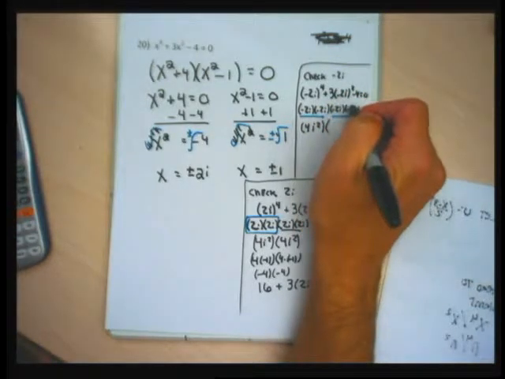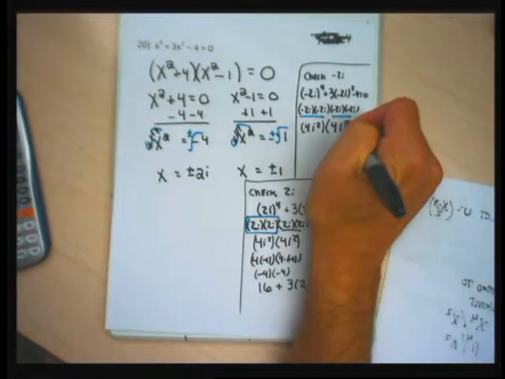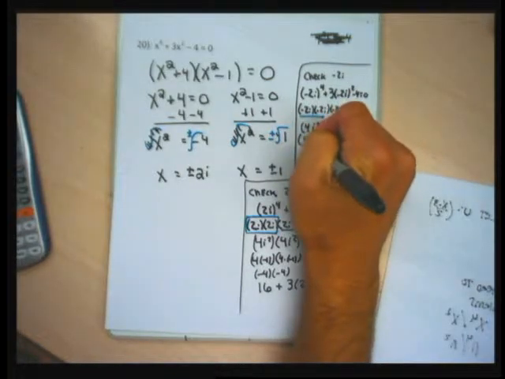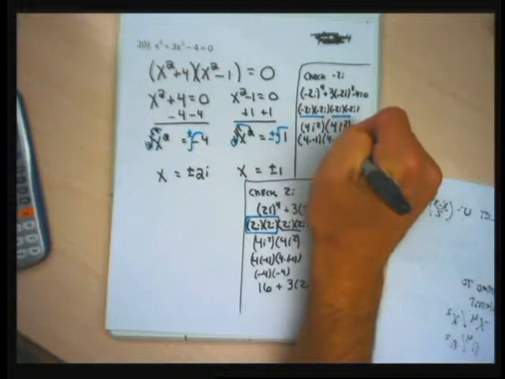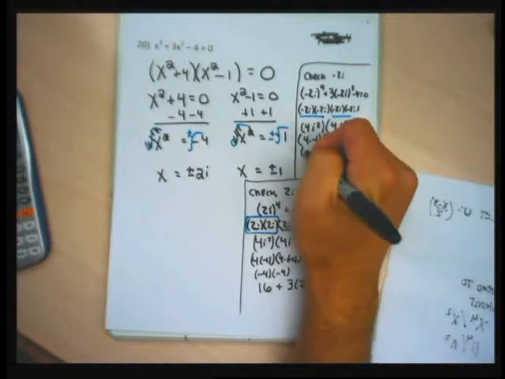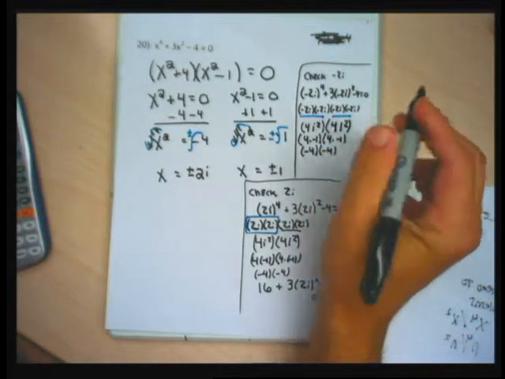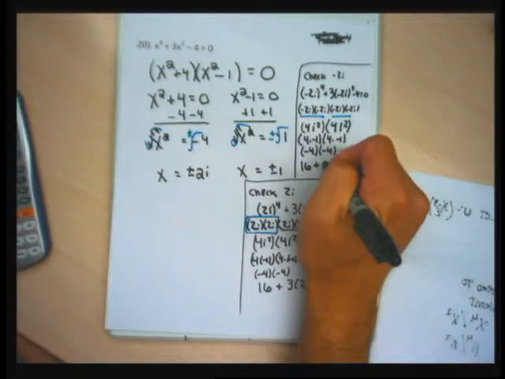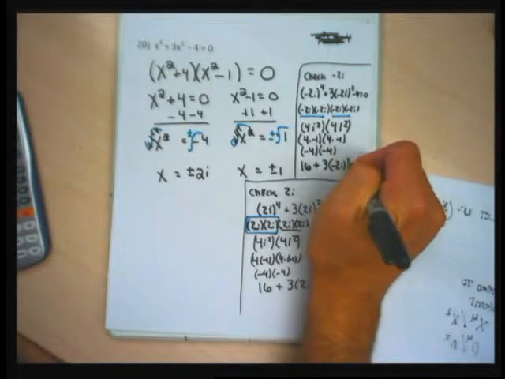Next two, I multiply -2 times -2 and get positive 4, and i squared. The i squared I change to -1. So it gives me 4 times -1, which is -4, and 4 times -1, which is -4. I get 16, and then I can do the rest: plus 3 times -2i squared minus 4.